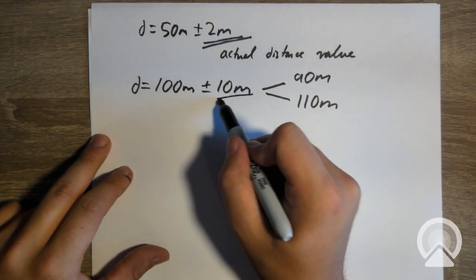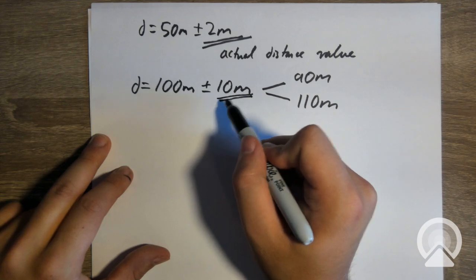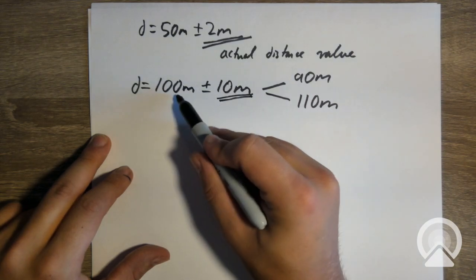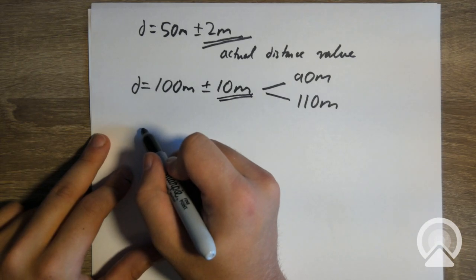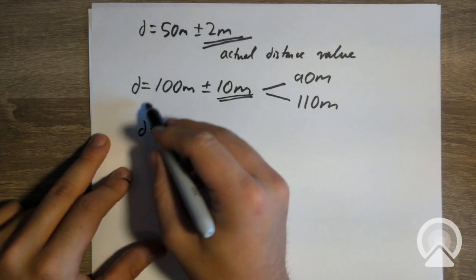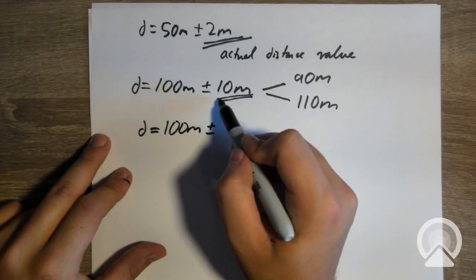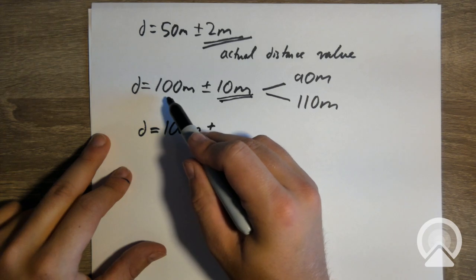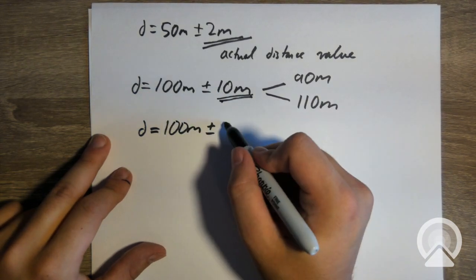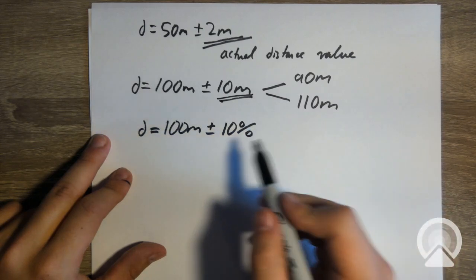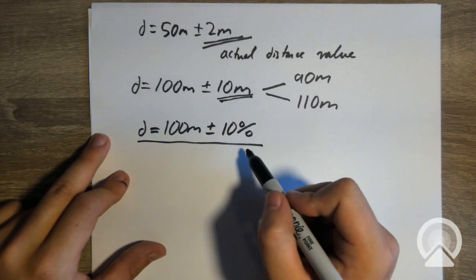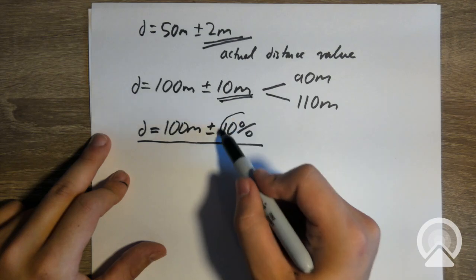A way we could express this, instead of in its actual value, is as a percentage of this value. So you could say the distance is 100 meters and 10 is 10% of 100. So you could say plus or minus 10%. That's just a different way you can express it.